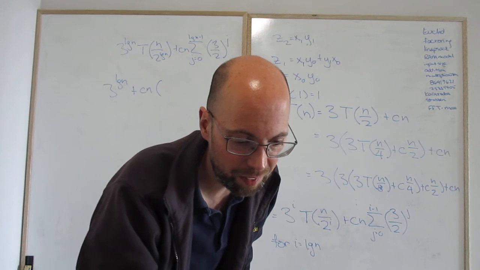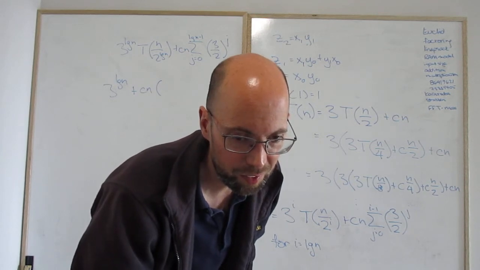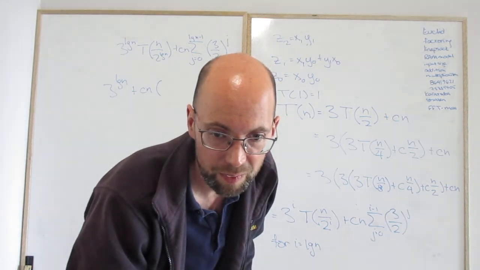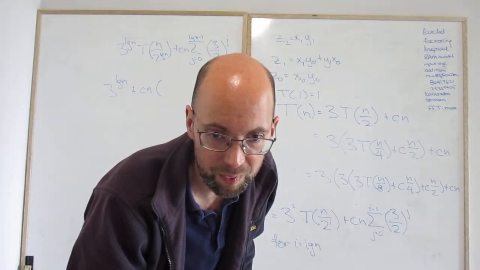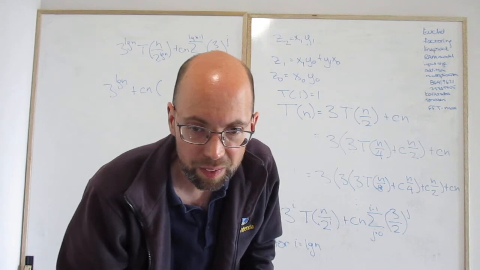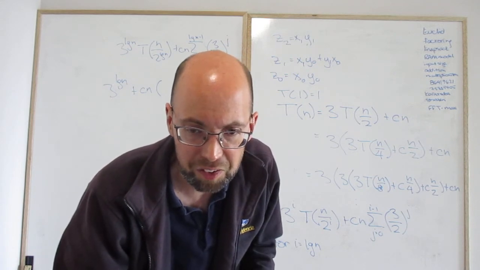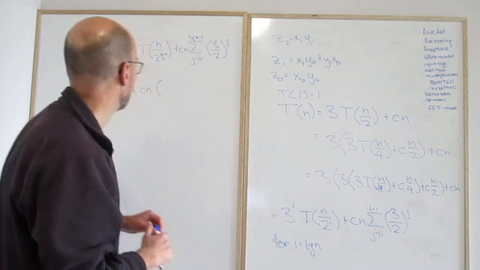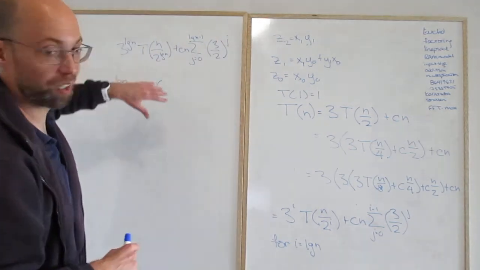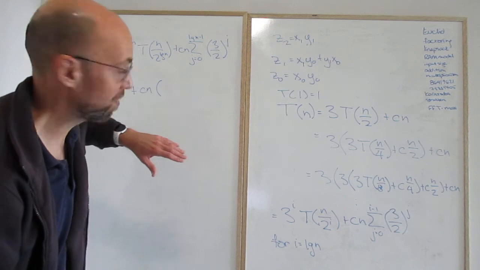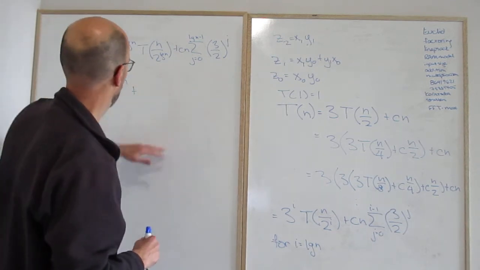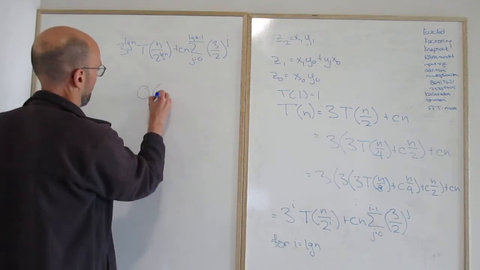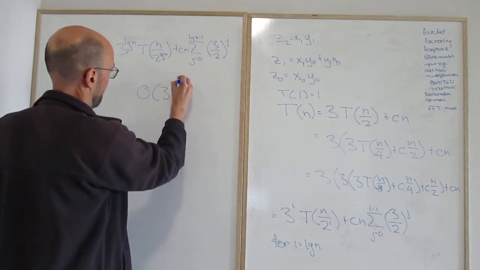Just a second, it's hard to do this. Oh, okay, I worked this out and then I just skipped over it. So this works out to be order 3^(log n). So this is all just order 3^(log n).